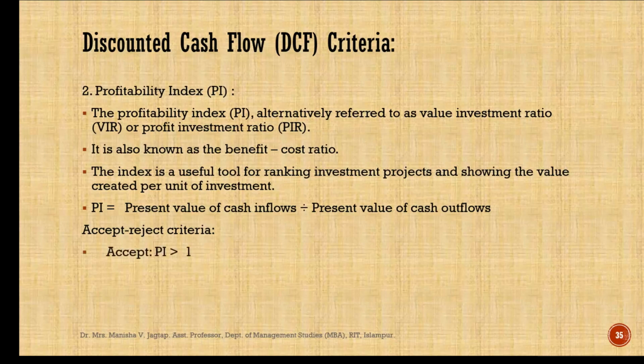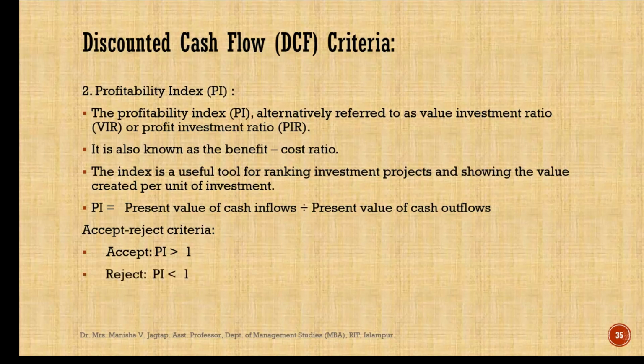We can suggest a company to accept a proposal when PI is greater than 1. That means a calculation greater than 1 indicates the future anticipated discounted cash inflows of the project are greater than the anticipated discounted cash outflows.